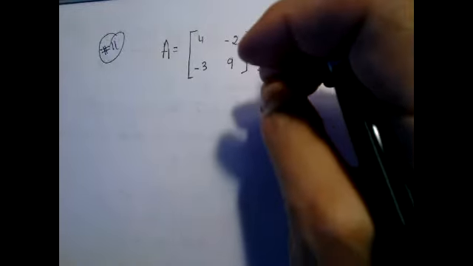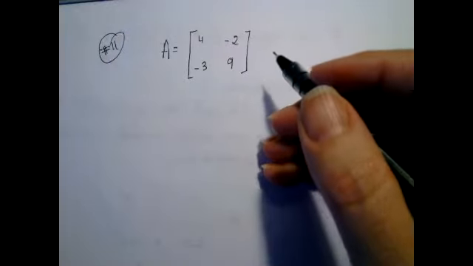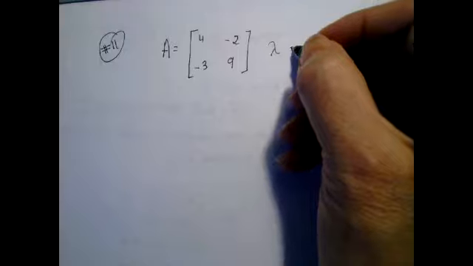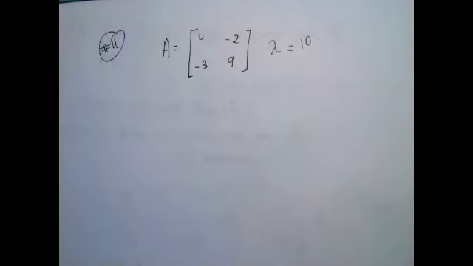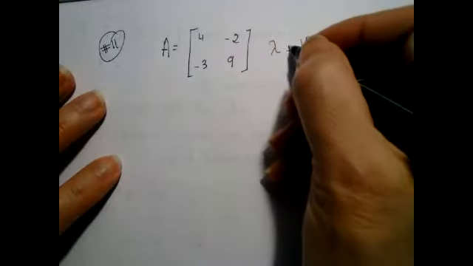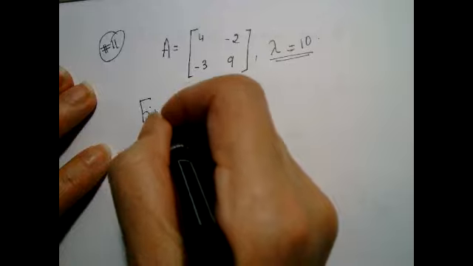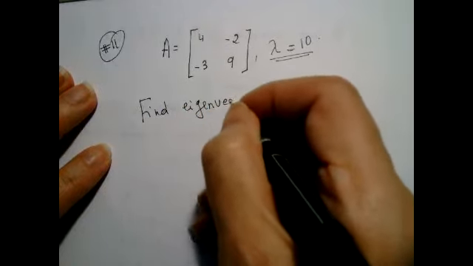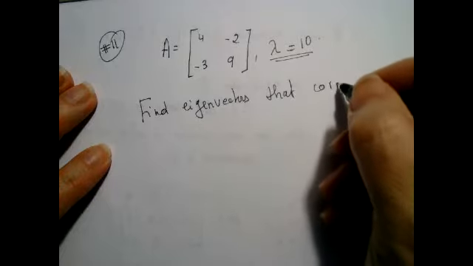I'm going to define that today. I told you only to find the eigenvectors. And the question is, find the eigenvector that corresponds to the eigenvalue lambda equal to 10. So don't worry about the word basis. I will explain it today. Actually, that's what we're going to do today. But the question is, find the eigenvectors that correspond to lambda equal to 10.